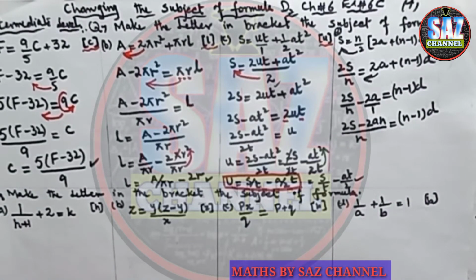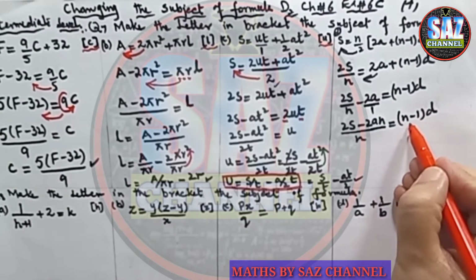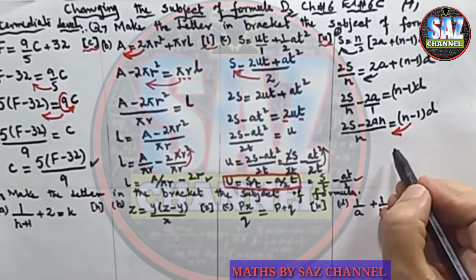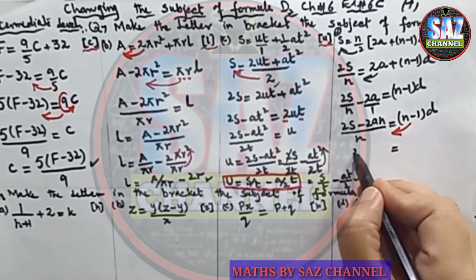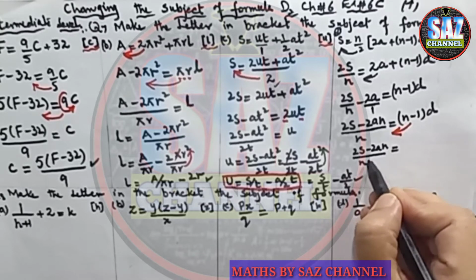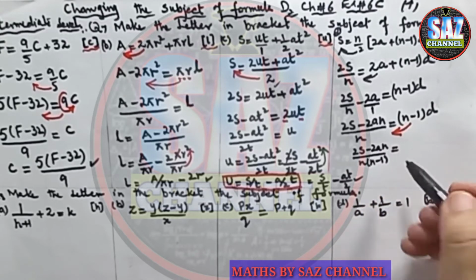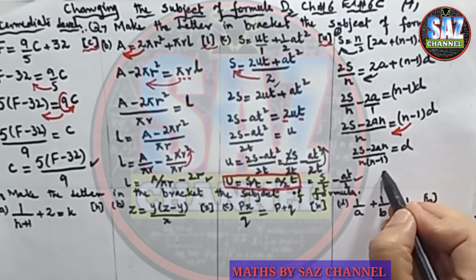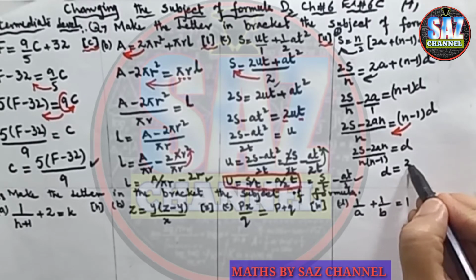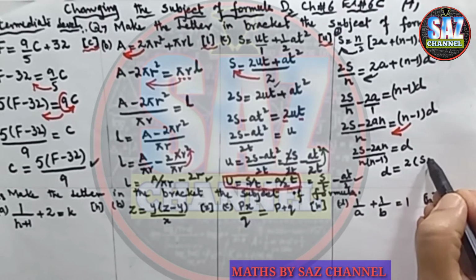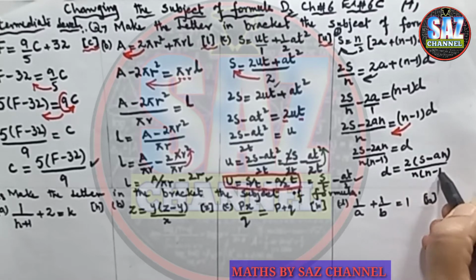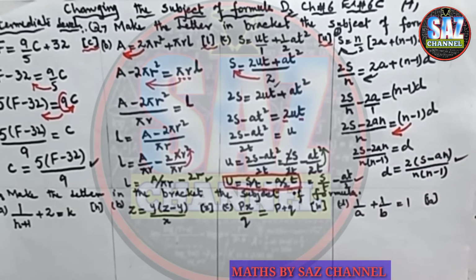Now in order to make d the subject of formula, I have to shift this n minus 1 to the other side, and the equation will take the form 2s minus 2an upon n into n minus 1 equal to d, or d equal to, what we can do is take 2 as the common factor, 2 into s minus an upon n into n minus 1. I hope you are clear about this question.